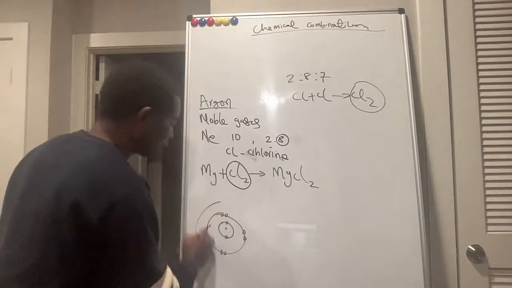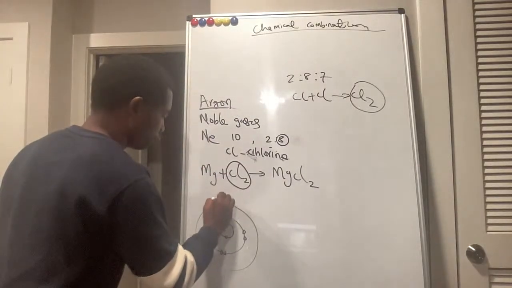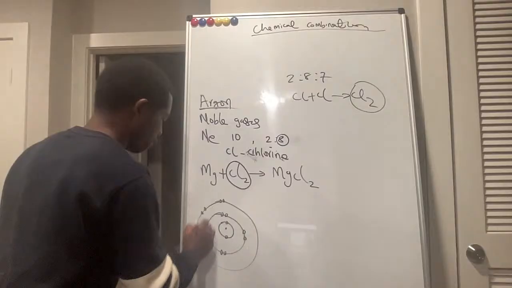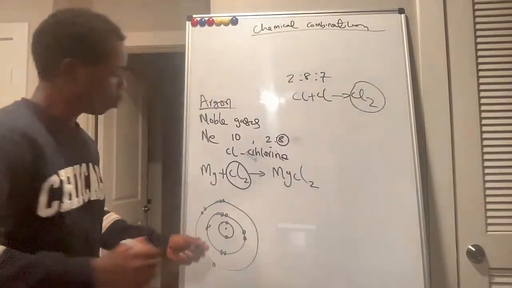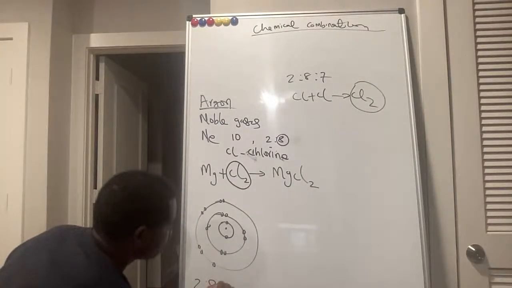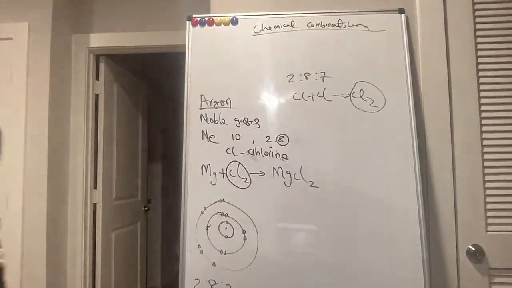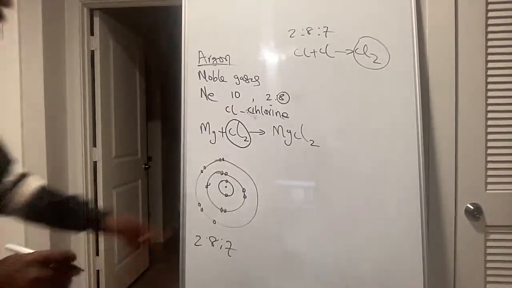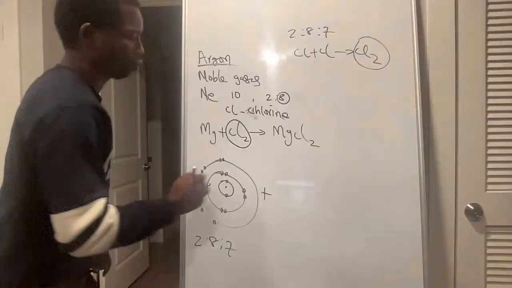Now, the last shell, we have 7. 1, 2, 3, 4, 5, 6, 7. We should not forget, this is 2.8.7. So there is remaining 1 electron for chlorine to what? To attain an octet state. Remaining 1 electron. So this one will combine with another chlorine atom.